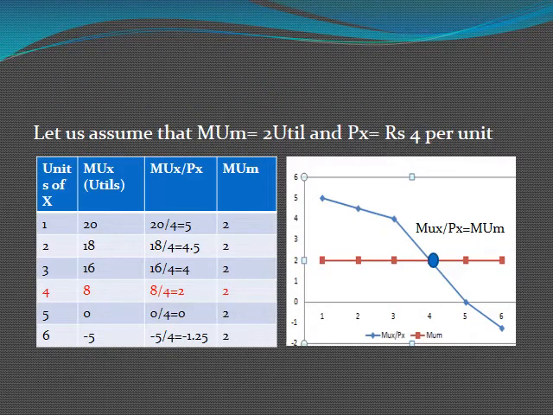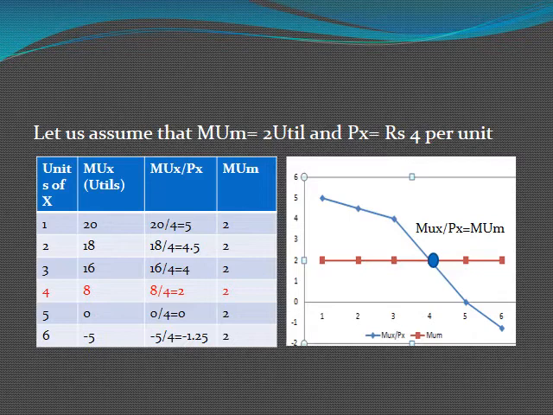Look at the schedule, units of commodity X. Here the assumption is that the marginal utility of money is 2 utils, that is, the utility derived from 1 rupee is 2 utils, and the price of commodity X is rupees 4 per unit. So this schedule and diagram are based on the marginal utility of money being 2 and the price of the commodity being 4 per unit.